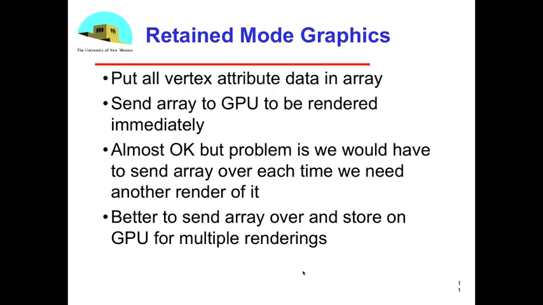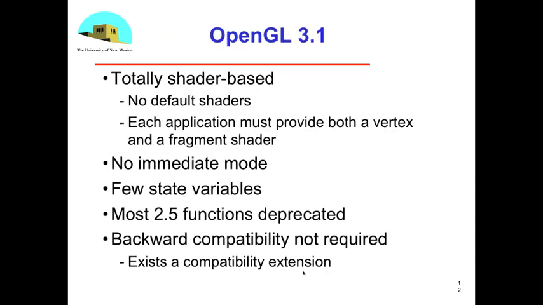So there was this tendency, even under the old models, where they were starting to put things in place that could do a little bit of retained mode graphics. There were things called display lists that let us put information over there. But when we realized the benefits of that, and especially when modern GPUs not only got much faster but also started containing a fair amount of storage on their own, then we got to the latest version of OpenGL, starting with 3.0 and 3.1.